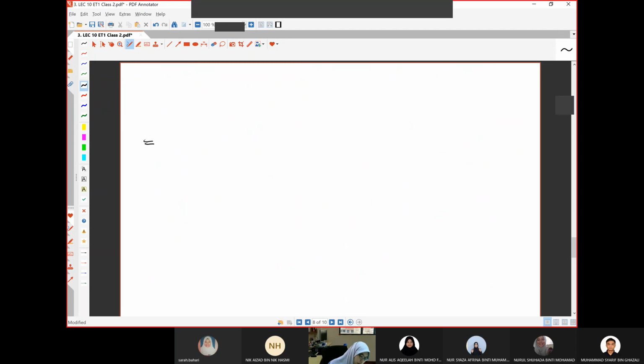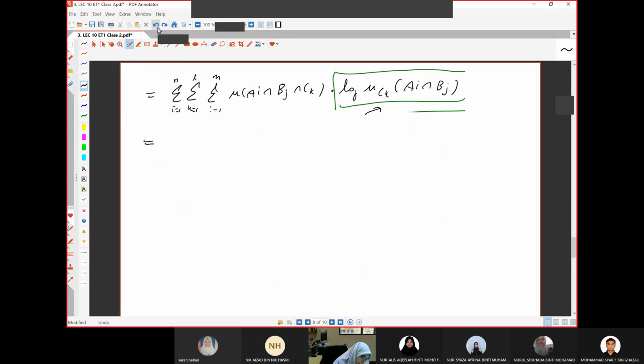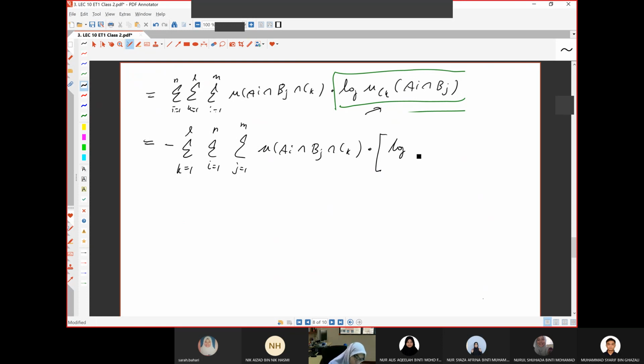We want to simplify this log. Okay, what do you have? I have a triple sum here, I from 1 until N, J from 1 until M, of mu AI intersect BJ intersect CK multiply with this log. So I can write log mu CK of AI intersect BJ in terms of log mu of AI given that CK multiply with mu of B.